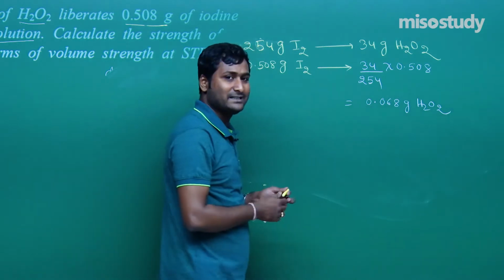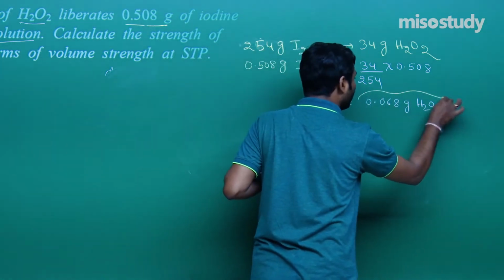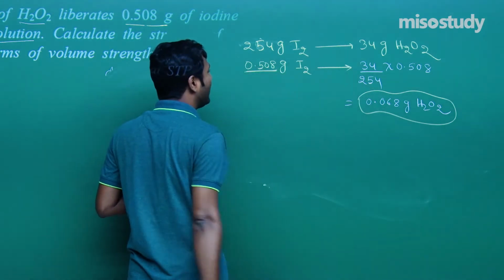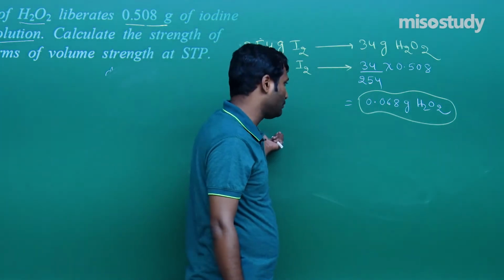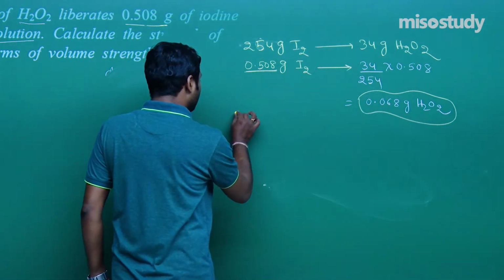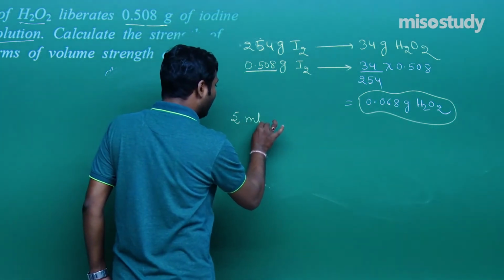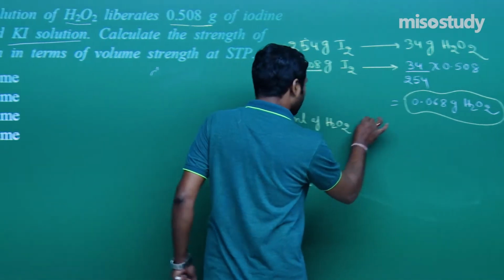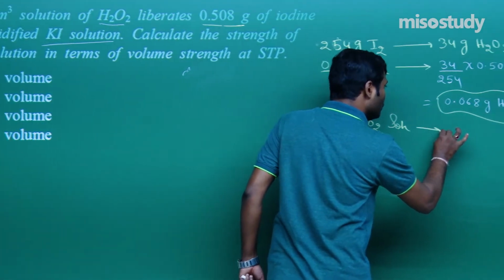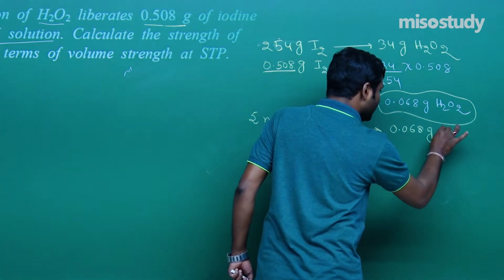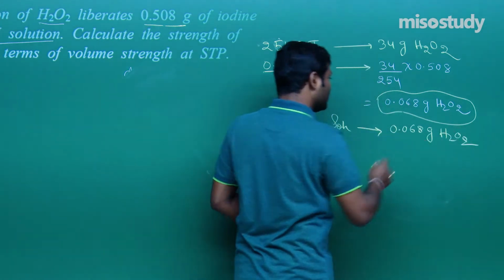Clear? That is the amount of H2O2 required to give 0.508 gram of I2. Now, according to the question, 5 ml of H2O2 solution contains how many gram? 0.068 gram H2O2. This is the question.